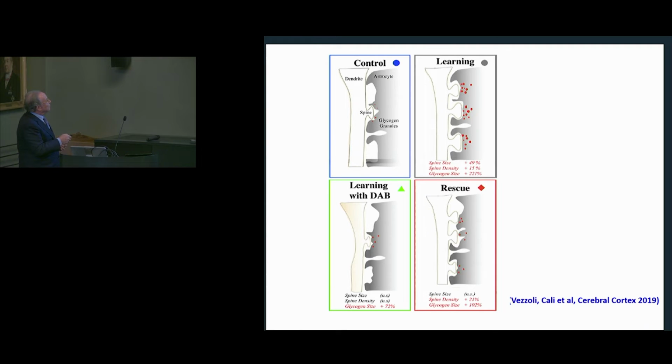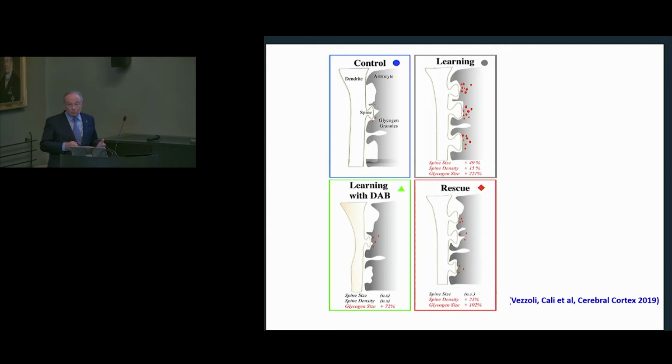You have a spine and then some glycogen in front of the spine. After learning, you have an increase in number and volume of spines and an increase in number and size of glycogen granules in the astrocytes. If you block learning with DAB, like we showed before, you don't have the increase in spines and you don't have the increase in glycogen granules. And if you give lactate back, you again have an increase in size and particularly number of the spines, not so much the size.